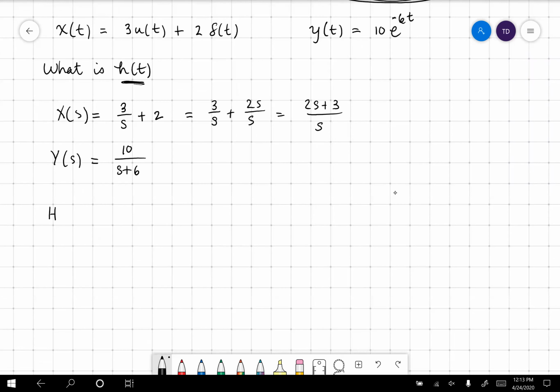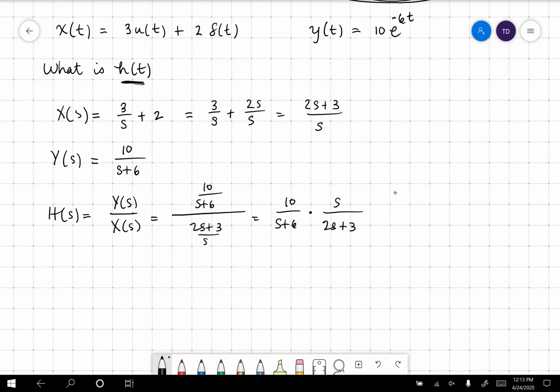We know that h of s is equal to y of s divided by x of s, output over input. And so that's equal to 10 over s plus 6 divided by (2s plus 3) over s. That's equal to 10 over s plus 6 times s divided by 2s plus 3.